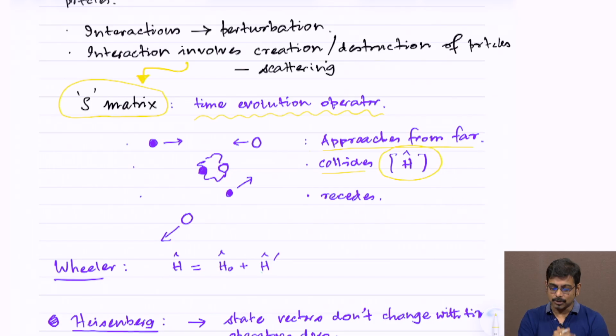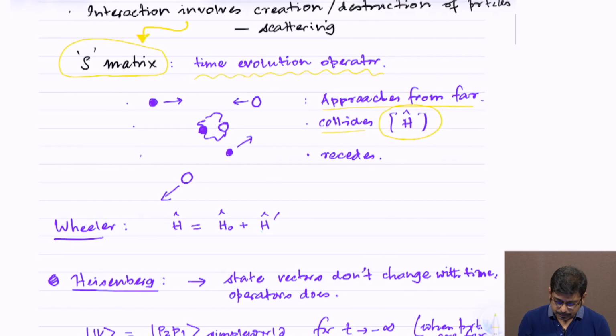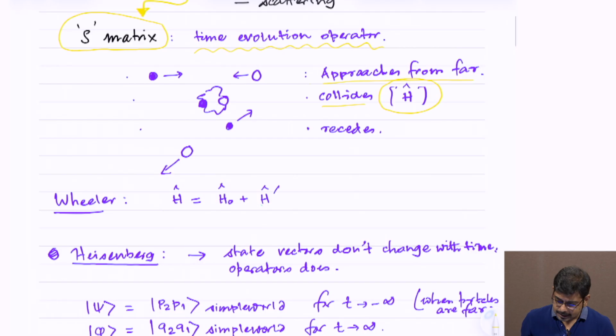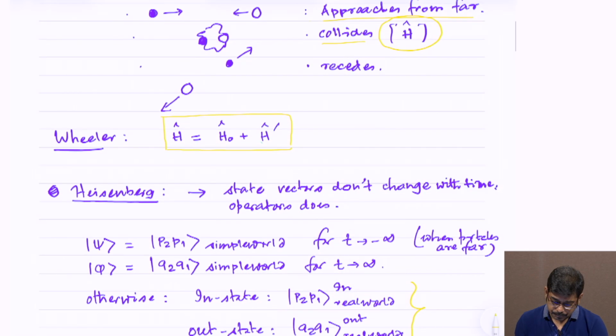So whenever we talk about interaction, these interaction terms have to be there, and let us call the full Hamiltonian of the theory H, and then after the collision they recede. So this is the picture that you have. In a sense you can say that the total Hamiltonian has a free Hamiltonian where the canonical quantization applies, and then there is an interaction part, which is H prime.